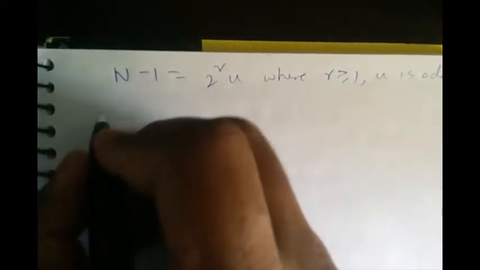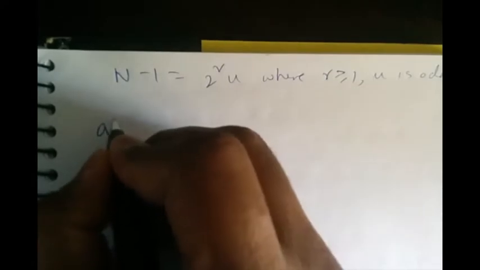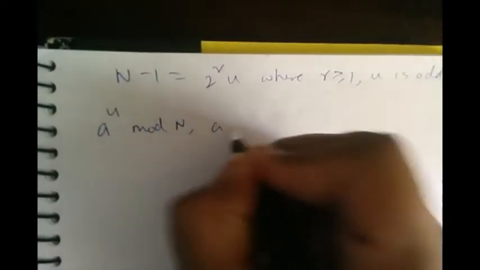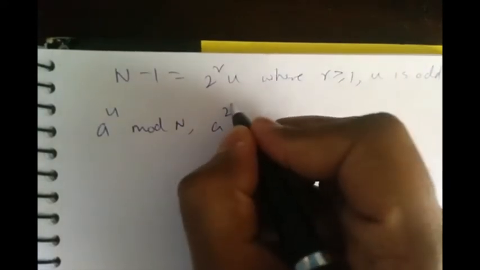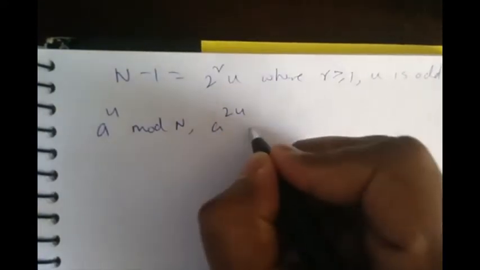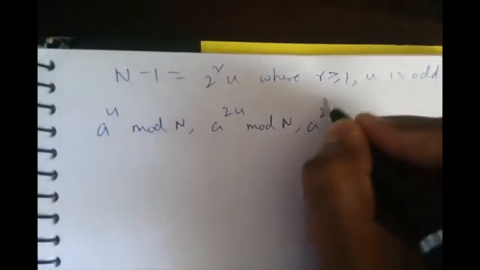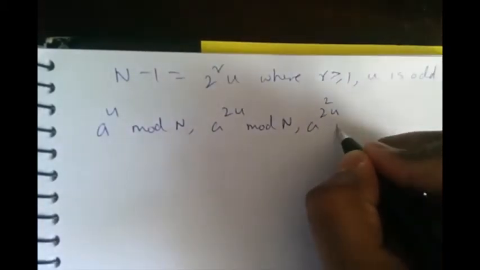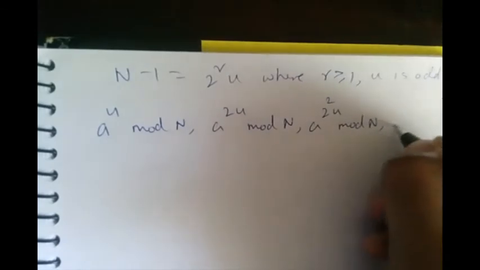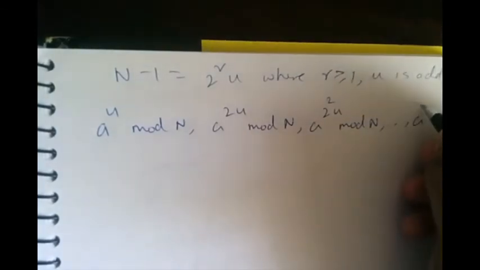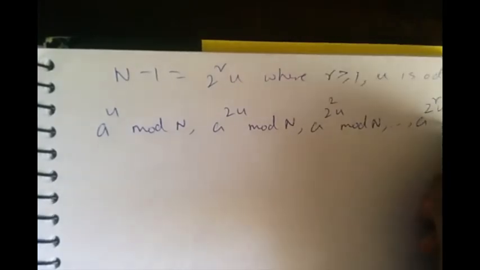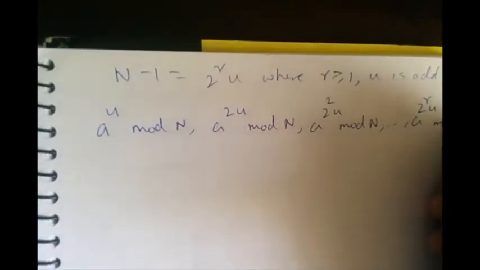Now if you look at this sequence here, a to the u mod n, a to the 2 times u mod n, a to the 2 square times u mod n, and so on up to a to the 2 raised to r u mod n.